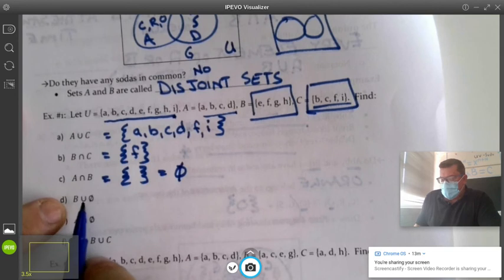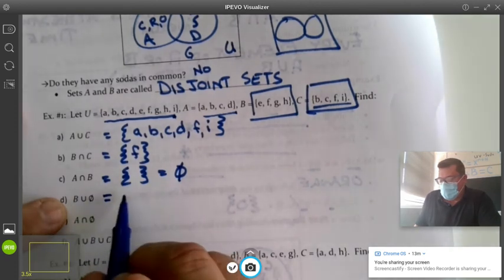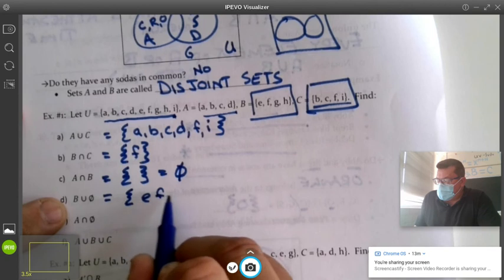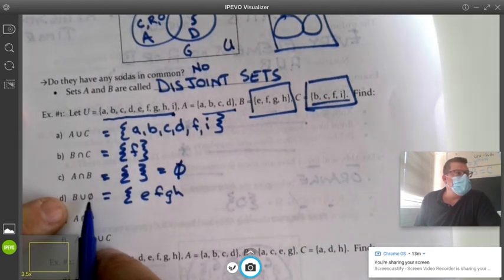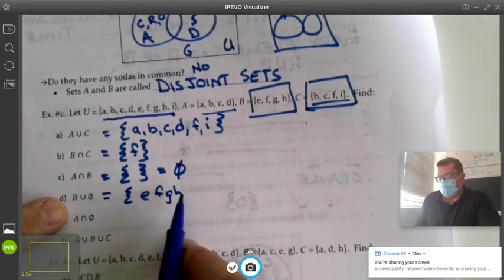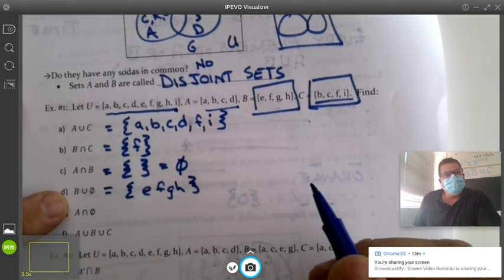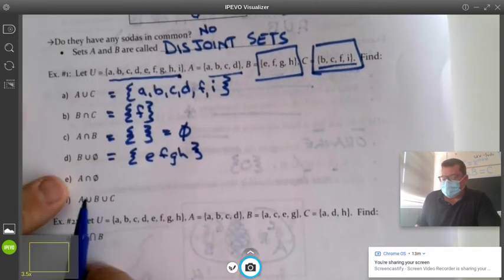What's B union with the empty set? Union means write it down, everything that's in B, we write it all down. Then we write down everything in the empty set. The empty set is empty, so there's nothing else to write down, and we keep it all. Intersection is a little bit tougher.